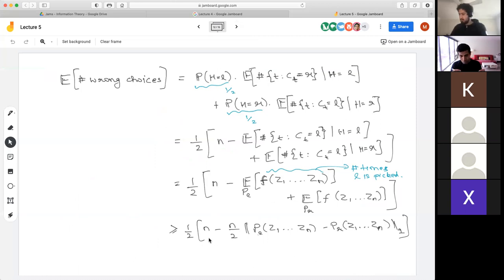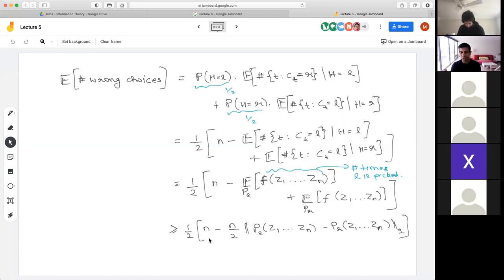I'm claiming that because my choices are a function of the outcomes that I saw, the number of times I asked to see the left hand, or I made a choice of L, is just a function of the outcomes that I saw. The outcomes I saw are Z1 to Zn. So the number of times I picked the choice L is a function of Z1 to Zn.